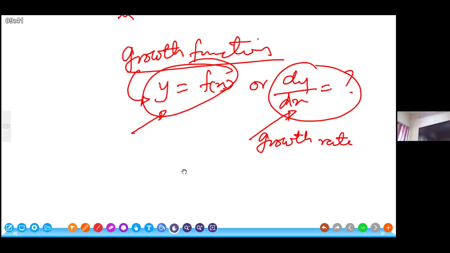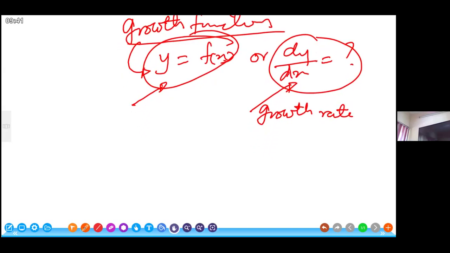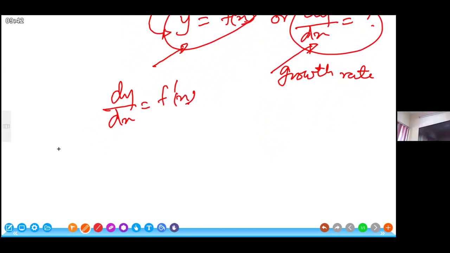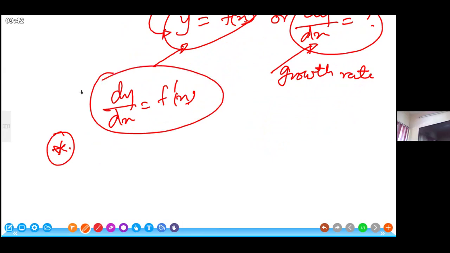Let's say I have a growth rate function. Some values are there, doesn't matter whatever it is. You have two different terms, growth rate and growth.